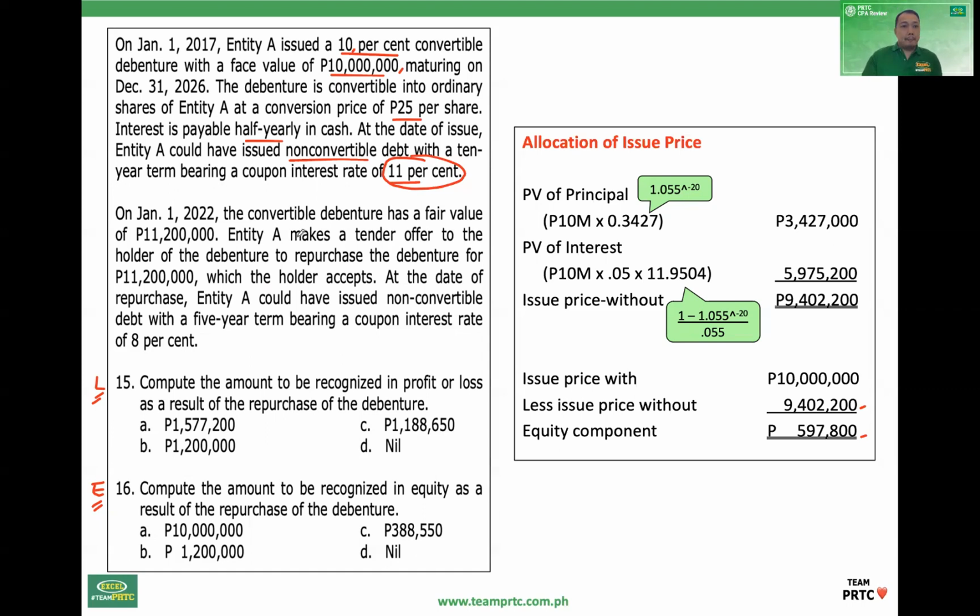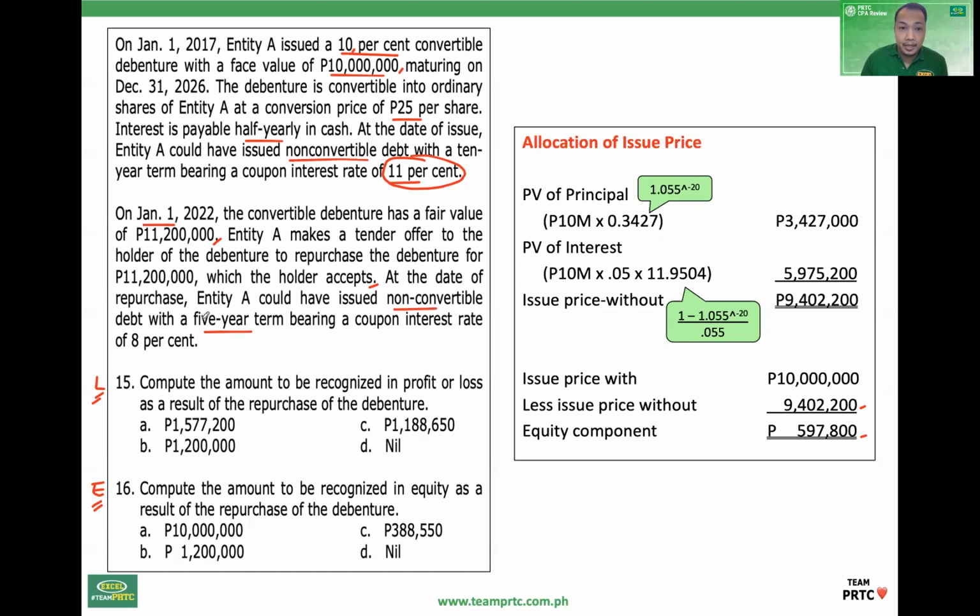Then what happened? After 5 years, so 5 years, 10 years ang term, no? 5 years remaining. Okay, the convertible debenture has a fair value of 11.2 million. Nag-offer yung entity na iba-buyback na yung debenture, yung bonds, at that amount. So tinanggap naman ng mga holders. Okay, so at the date of repurchase, entity A could have issued non-convertible debt with a 5-year term.